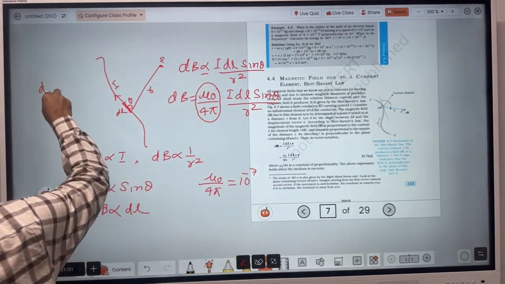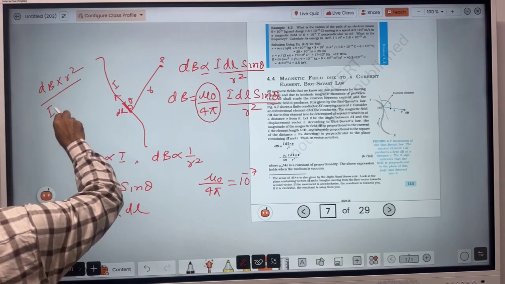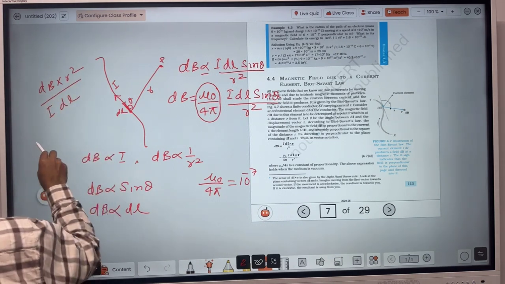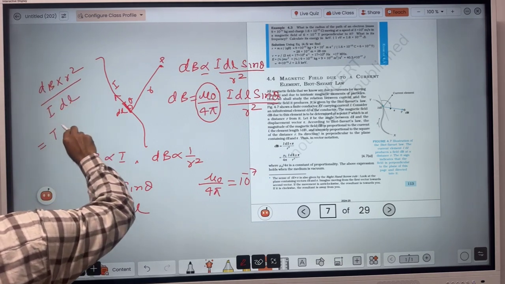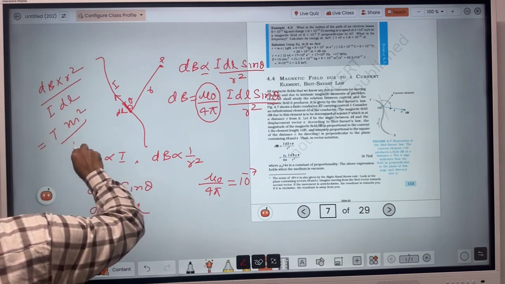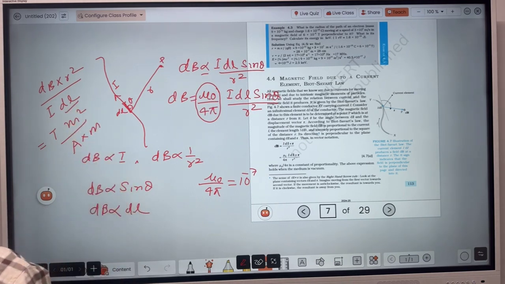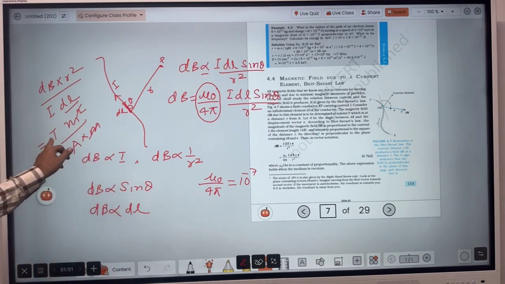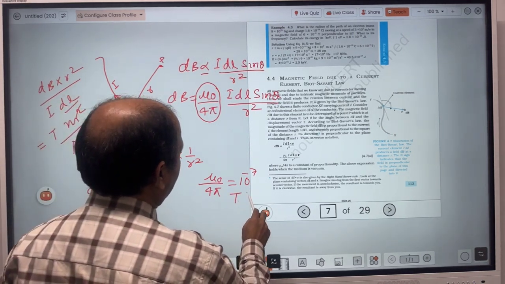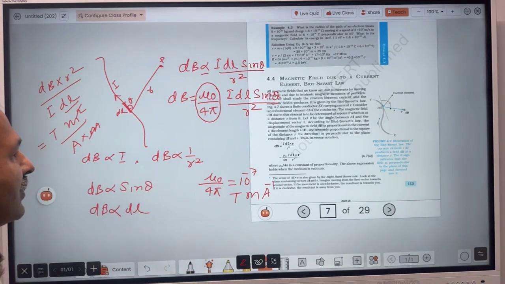So we will get dB times r square divided by I dl. dB is Tesla, this is meter square, I is ampere and dl is length, which is meter. So what is left? 1 meter will cancel out. So you can say Tesla meter ampere minus 1. So that will be the unit.